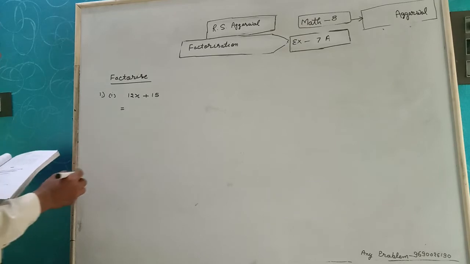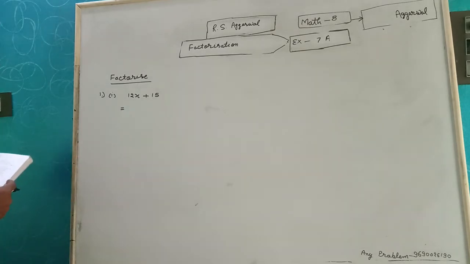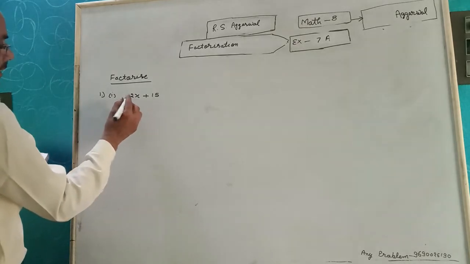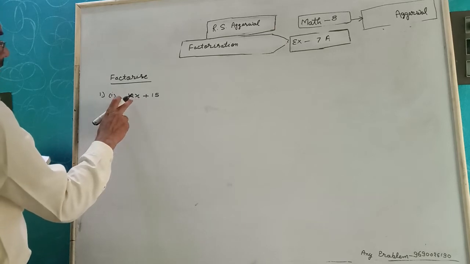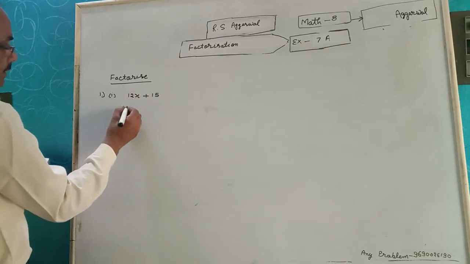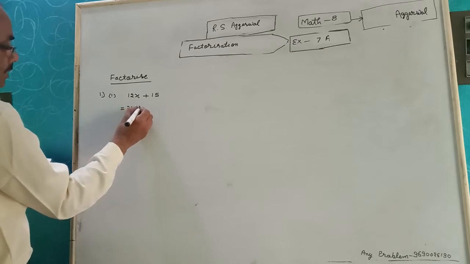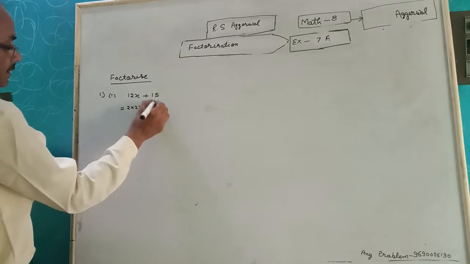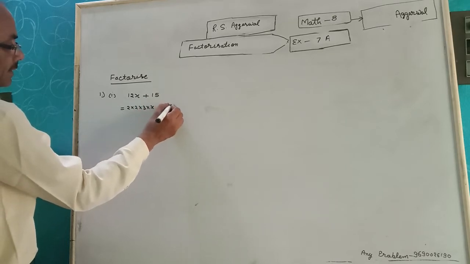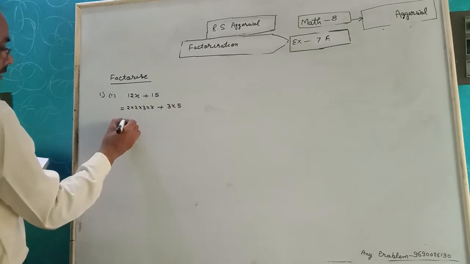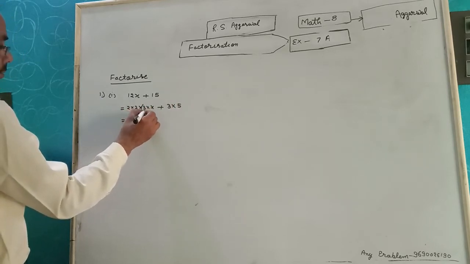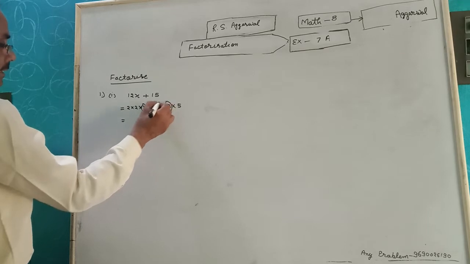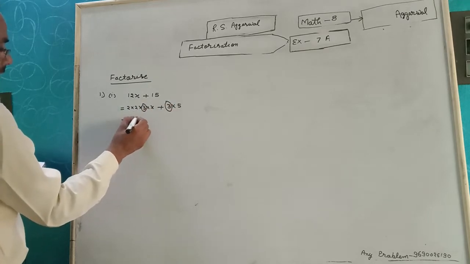Next line will be to find the factor of each term. First term factor is 2 into 2 into 3 into x, plus 15 factor is 3 into 5. Factor common will be 3.